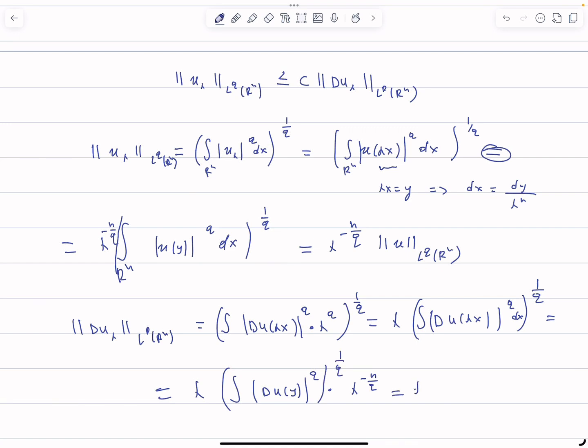So this becomes lambda^(1 - n/p) times the norm of Du in L^p. Sorry, whenever I wrote q here, we have to change it to p, because now we are considering L^p. Everything should be p.